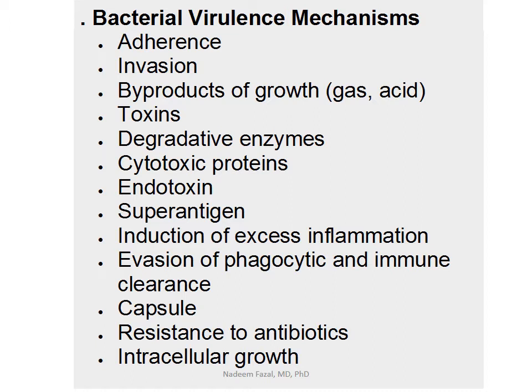Then they have to invade, they have to get into that. That's another important virulence factor. And once they start dividing, they produce gases and acids, which again causes problems for us. That's why many a time, if you see discharges, whether a urethral discharge, vaginal discharge, or any discharge, even your sputum, it tends to give off an odor, a fishy, smelly, rotten kind of odor.